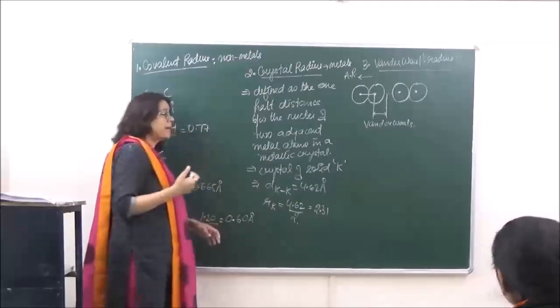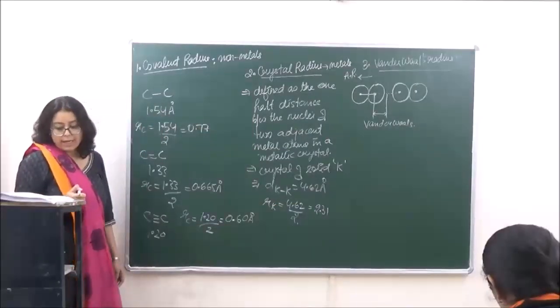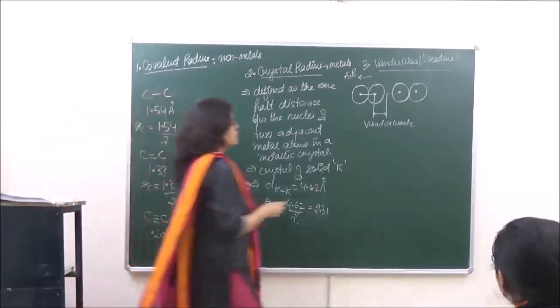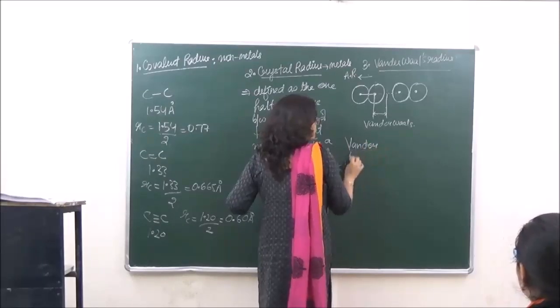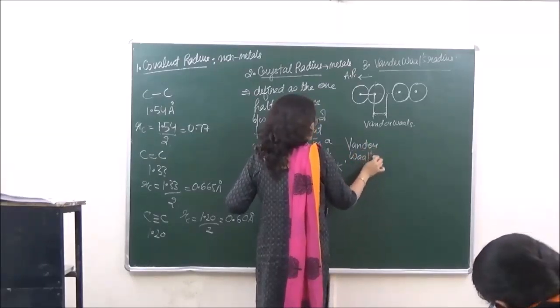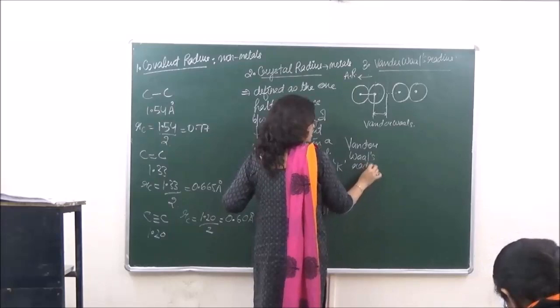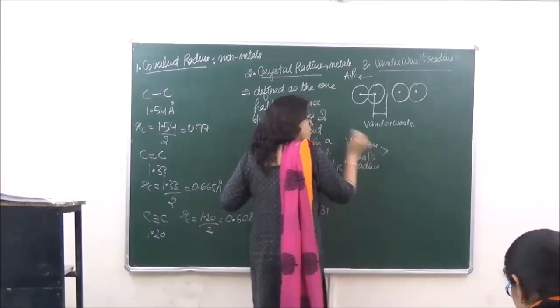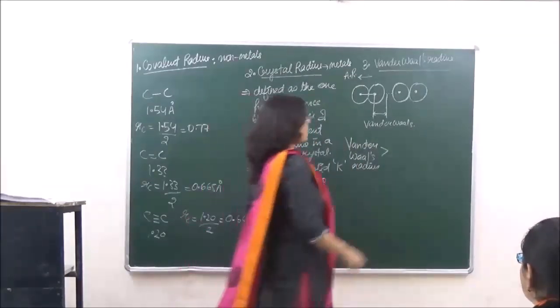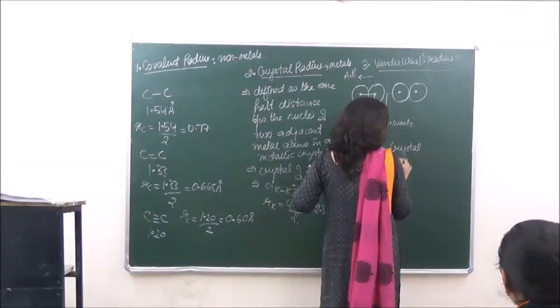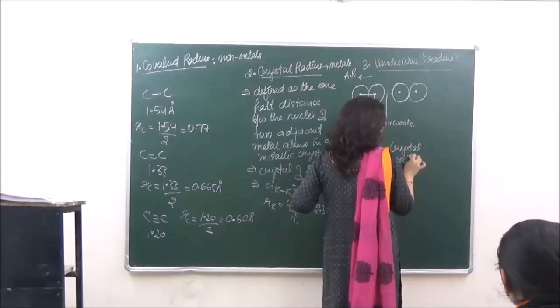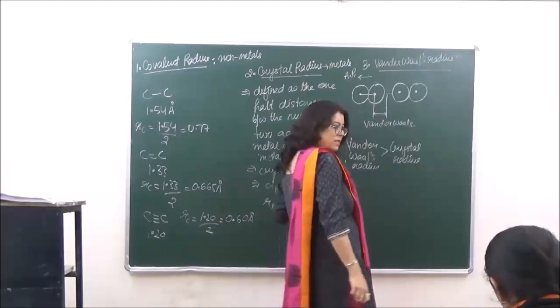So now if you are comparing the sizes of all, it is said that van der Waals radius is maximum. Then after that is the crystal radius, okay?